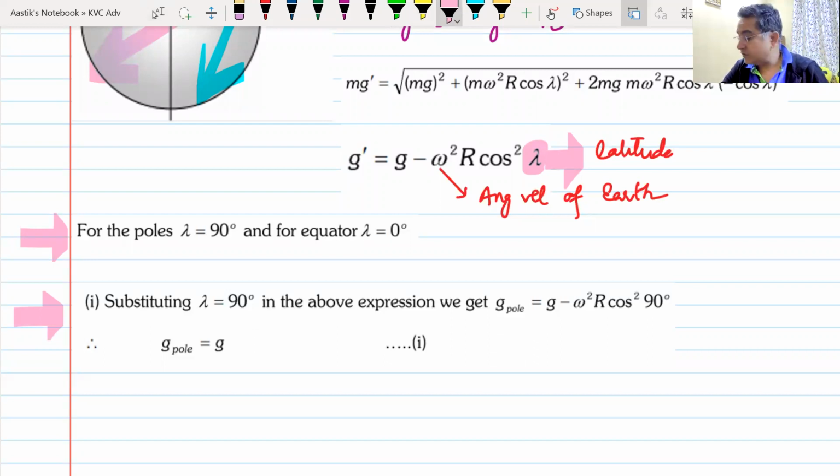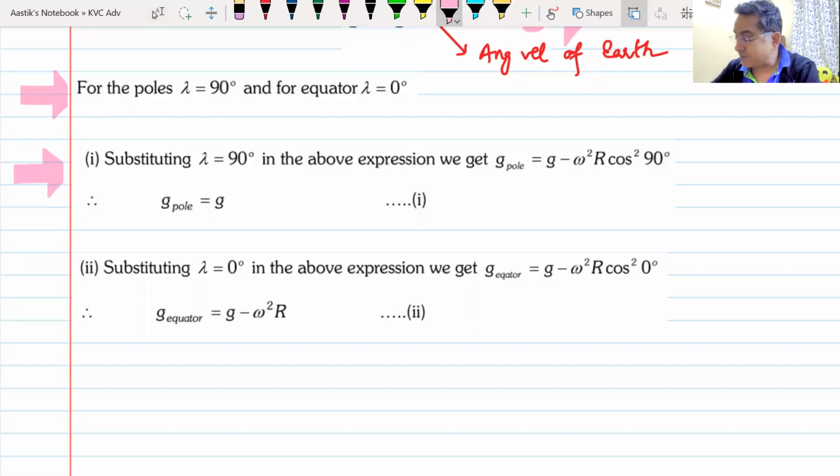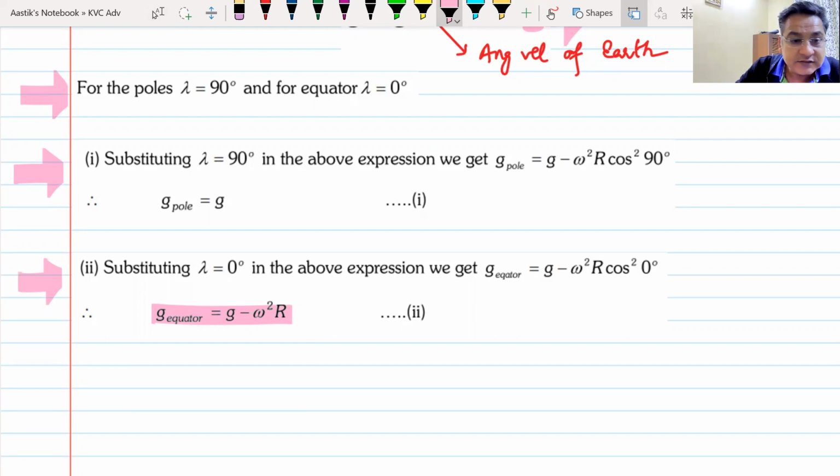The value of g on the equator we will get by putting the value of lambda as 0. So it becomes g minus omega square R, so it will always be less than g. And what is the variation? The variation is small, but the variation is there.